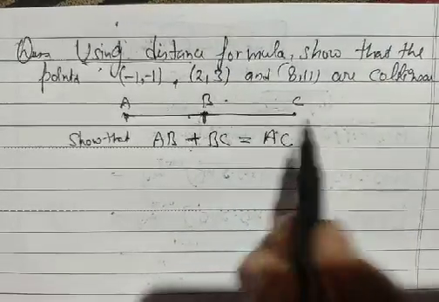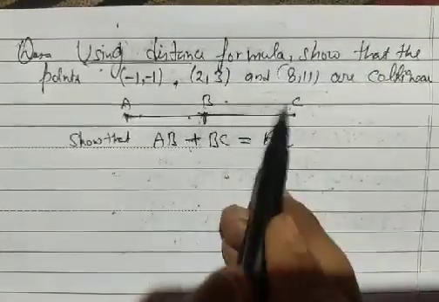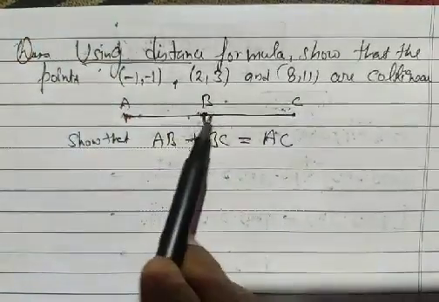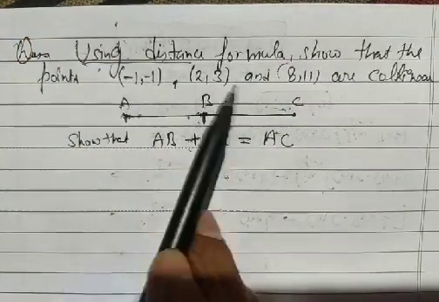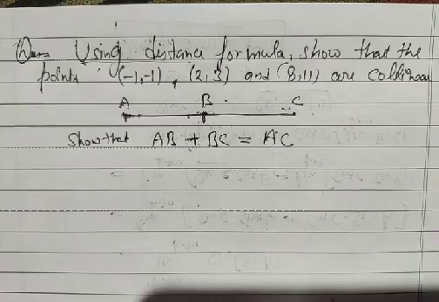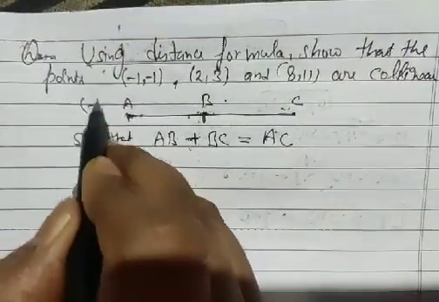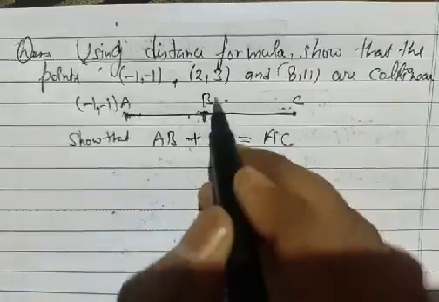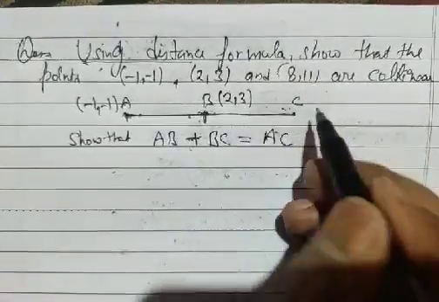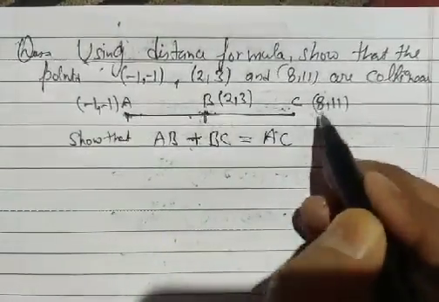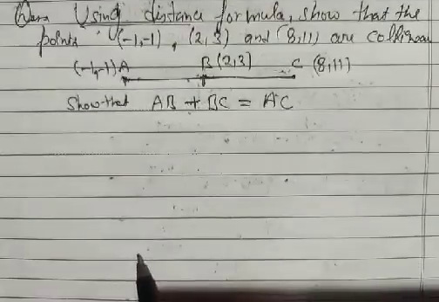If the sum of AB plus BC is equal to AC, then we prove that these points are collinear. Take A as -1, 1, B as 2, 3 and C as 8, 11.